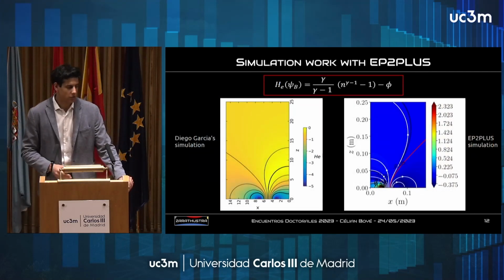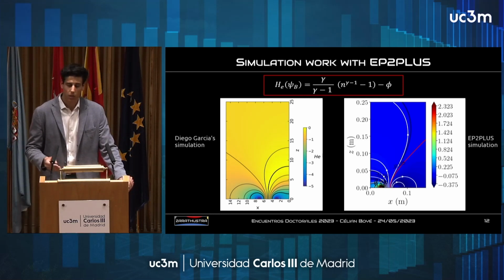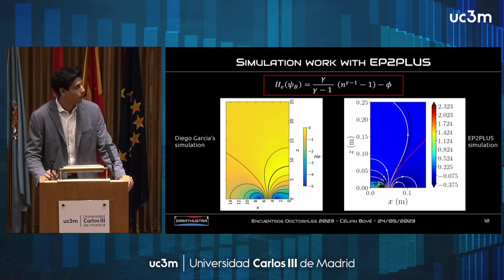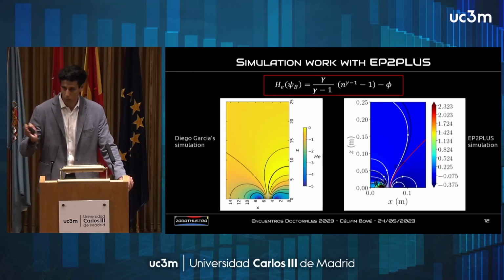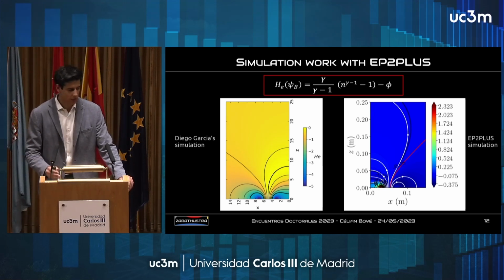The goal of this work is to achieve a good understanding of what's happening inside the plasma expansion, but also to compare with Diego's simulations, as Diego, who will be presenting after me, is developing a plasma simulation code to assess the plasma expansion outside of the magnetic arch thruster of this double exhaust thruster.